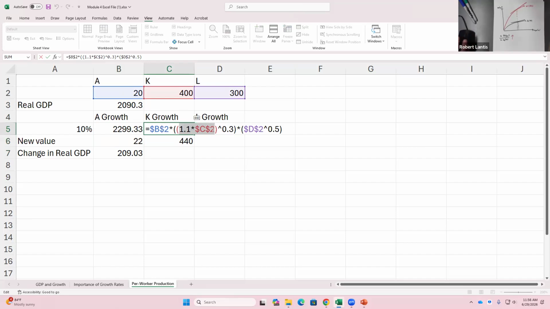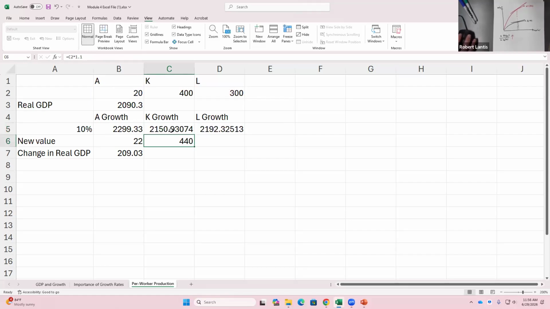If I don't want to put a bunch of functions in here, I break this down step by step to prevent order of operations errors. I put that value of 440 in, in which case a 10% increase in capital gives me a new real GDP of 2150. What was the change in my real GDP? It's my new GDP minus my old GDP.